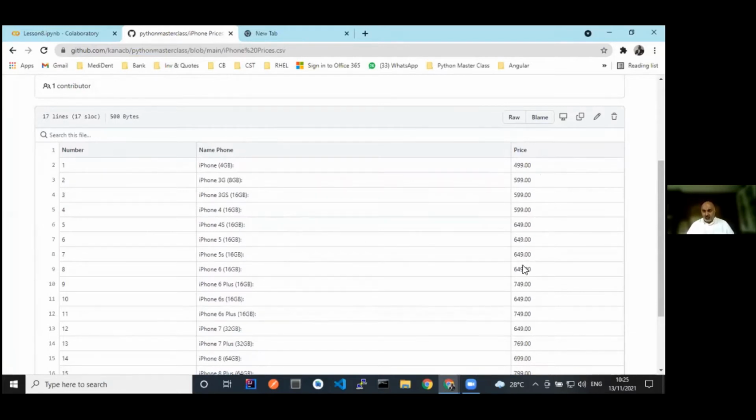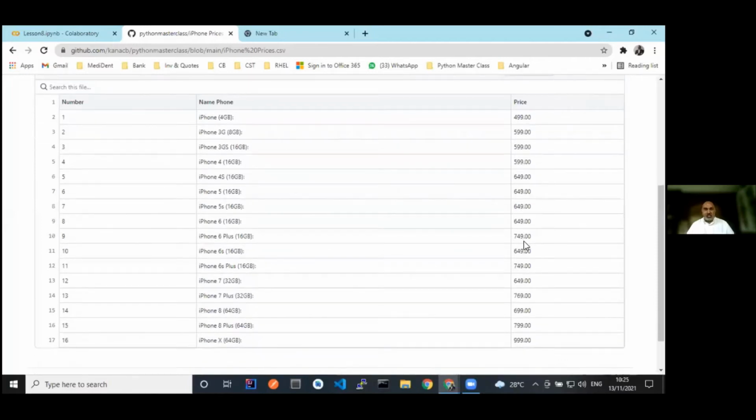So you have 4 phones that are 649. Then suddenly an iPhone 6 Plus is a bit more expensive, and then the next one comes down. So you can see that that is not a linear growth. That means there's some funny behavior, so it's hard to predict.